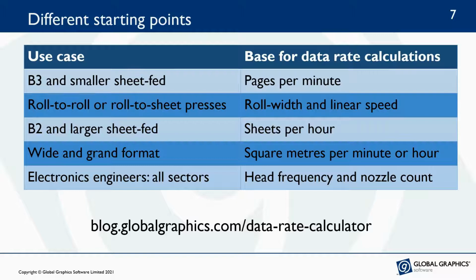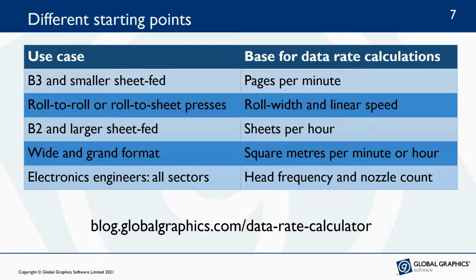Incidentally, if you calculate data rates for the same press from more than one of those starting points, you'll probably get slightly different results. Sometimes that's because nominal values, especially around speed, have been rounded slightly by marketing. Other times it's because you're actually measuring different things. As an example, a B3 printer may be described as printing 120 pages per minute, because it prints 30 2-up duplex sheets in that time.